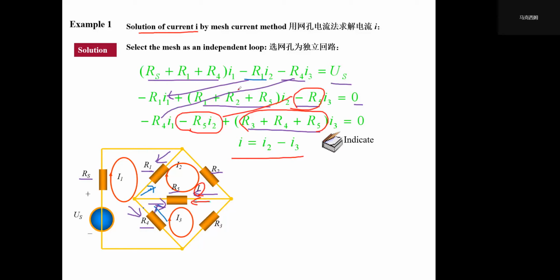So here we have four unknown variables, but we also have four equations. So this set of four equations for four unknown variables, we can simply and easily calculate.